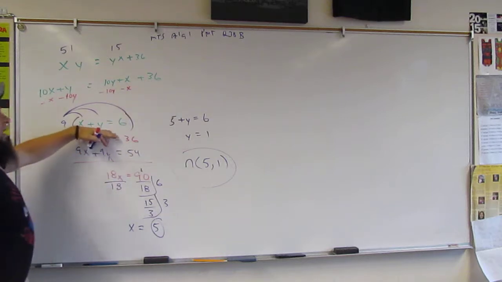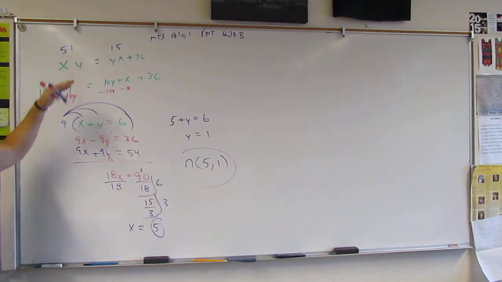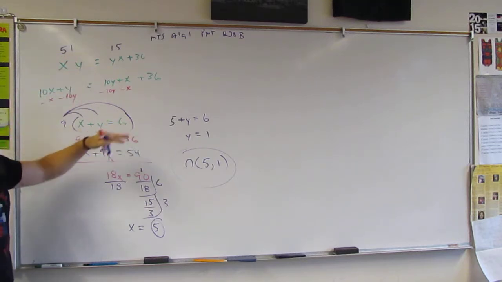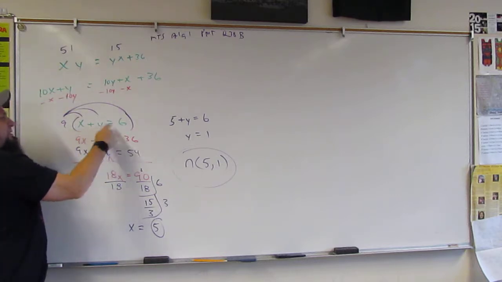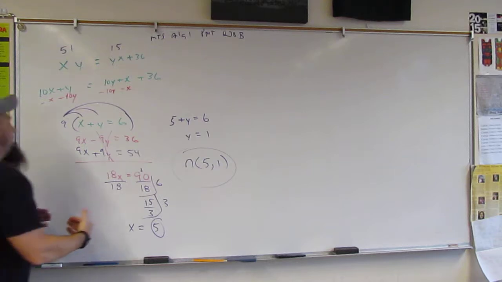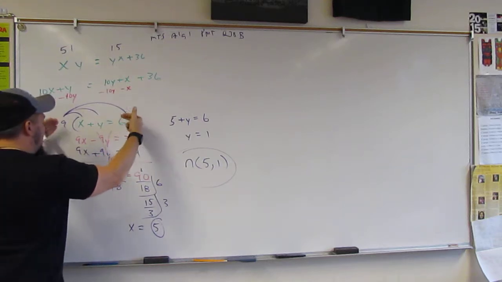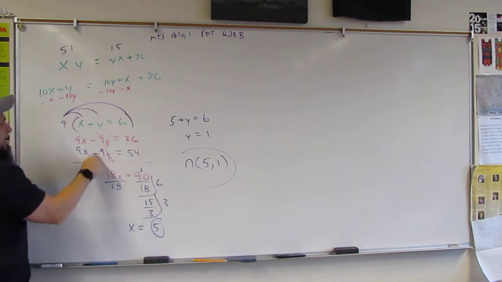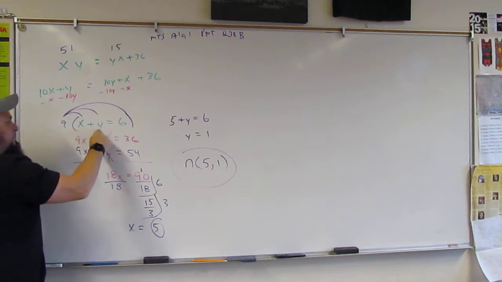But they also said that the two numbers added to be 6. So the two numbers that they started with, that means x plus y equals 6, right? And so then I multiplied that equation by 9 in order to get the opposite 9s. So then I have 9x plus 9y.